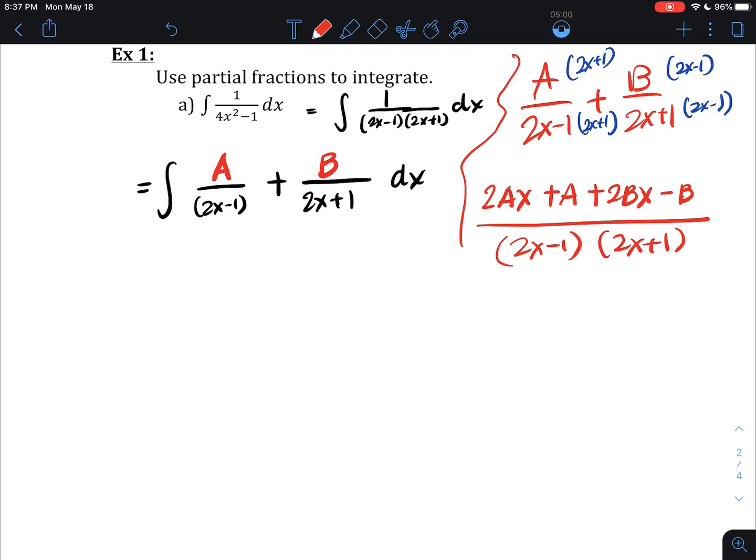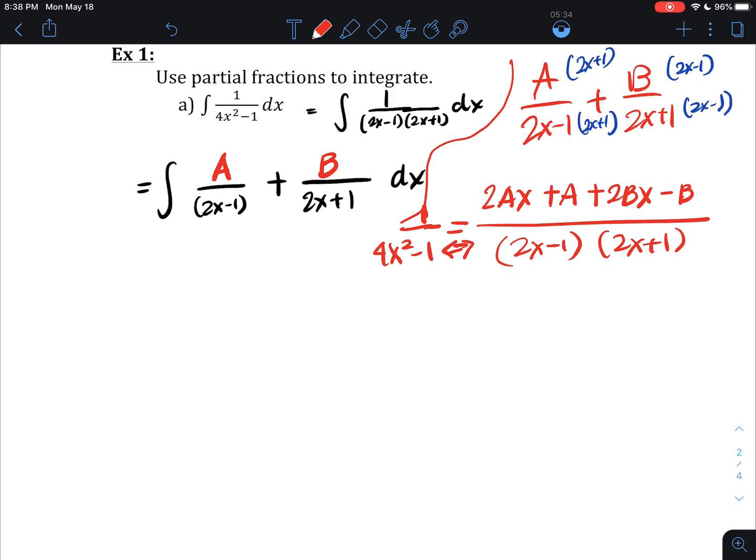So what I do know here, let me erase the slide. What I do know here is that I don't have a common term in the numerator. But I do know that this whole thing is equal to 1 over 4x squared minus 1. Okay? I do know that because that's what's inside. So these are equal, correct?